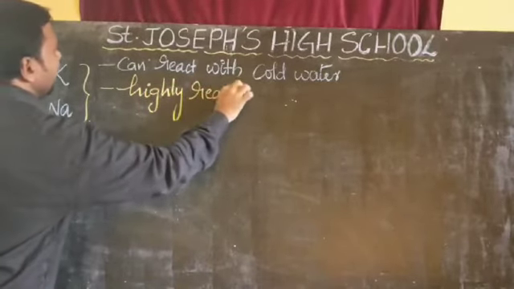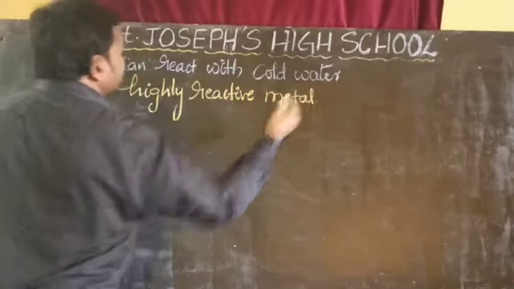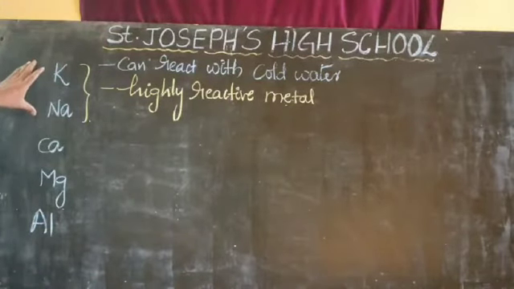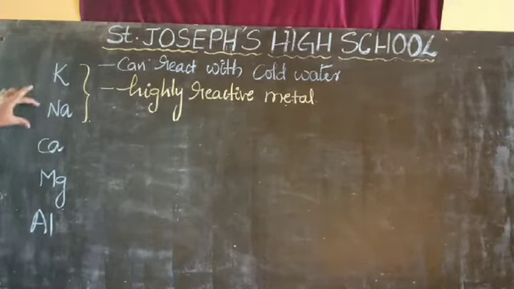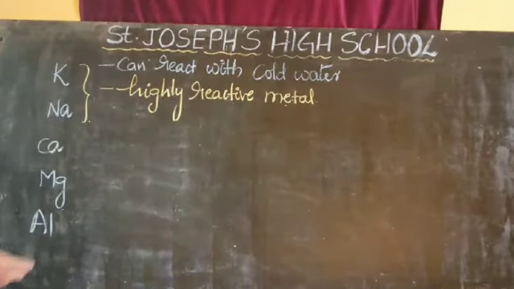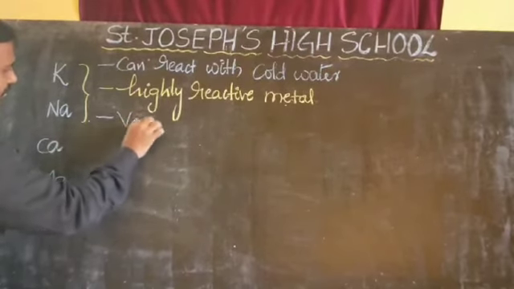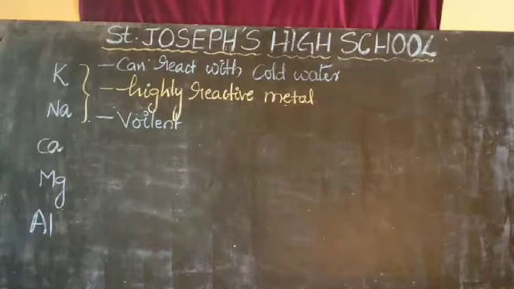These two are highly reactive metals. Due to their high reactivity, these two can even react with cold water. And one more thing, this reaction is violent. The reaction taking place between potassium or sodium and water is very violent.